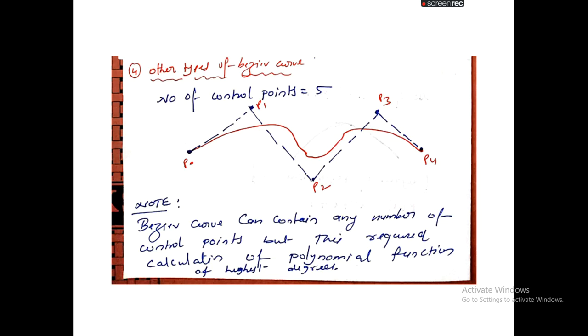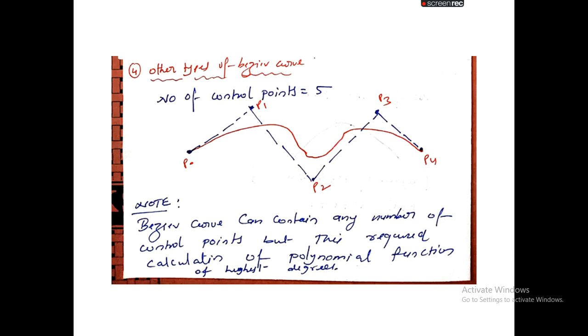But whenever you specify n control points, you need to calculate a polynomial function of the highest degree.